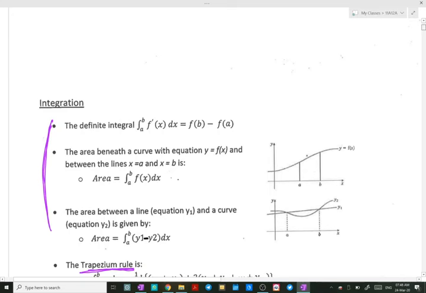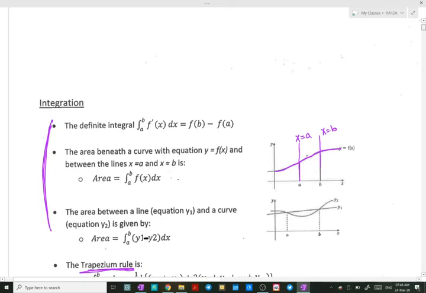Now, the area beneath the curve with equation y equals f of x. So this is y equals f of x, the curve, and between the lines x equals a, which is the line parallel to the y-axis, so it has an equation x equals a, which is the x-intercept, and x equals b, which is also a line parallel to the y-axis and intercepting the x-axis at b.